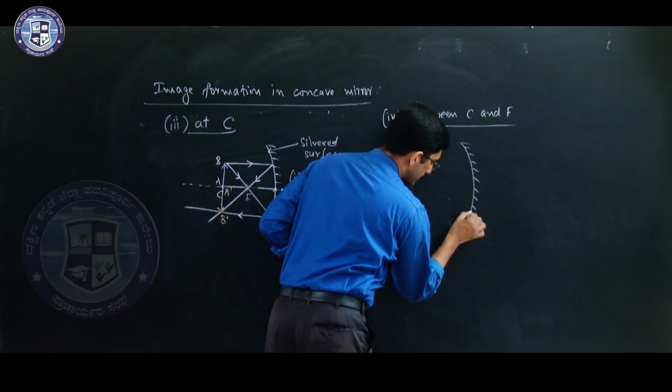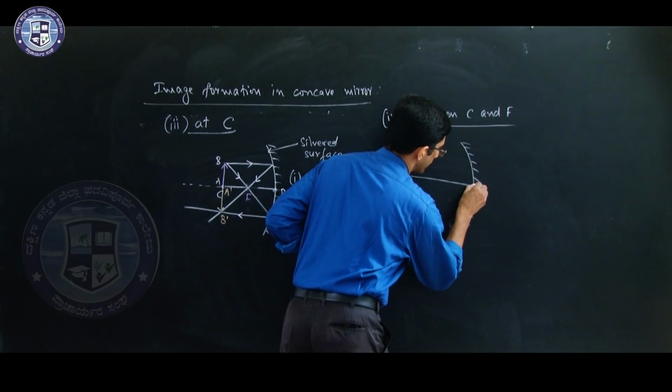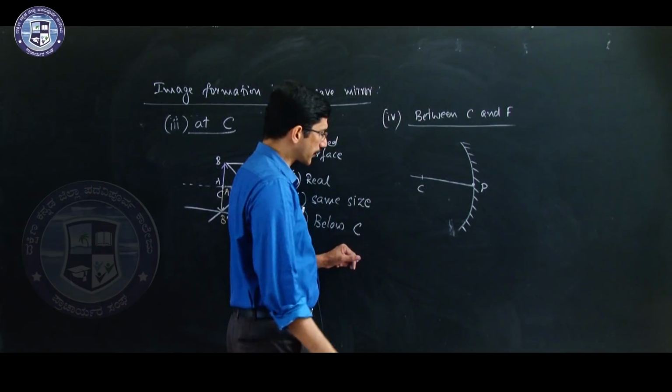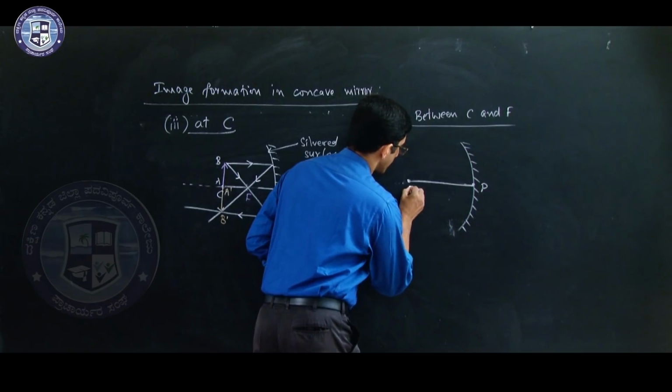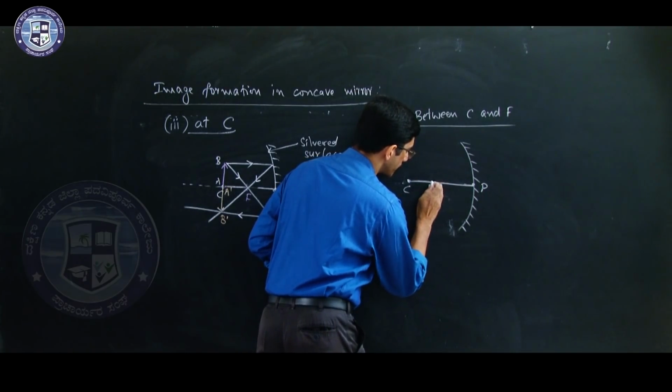So, this silver surface, and there is a pole somewhere here, there is a center of curvature, and somewhere here you have the focus.